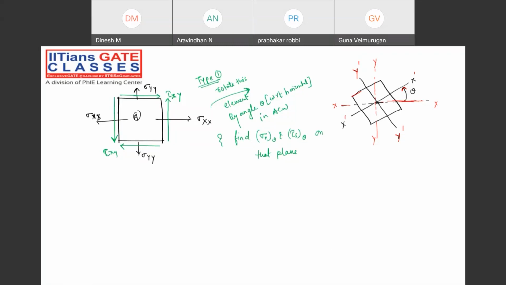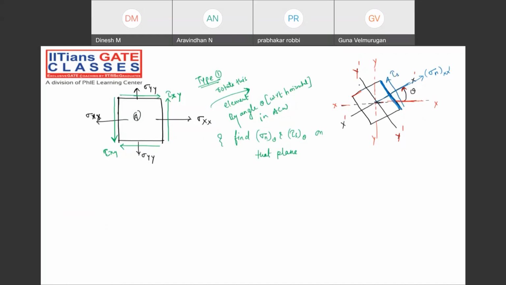My dear friend, they are asking you a beautiful problem. On the plane which has been rotated by the angle theta with respect to the horizontal direction, you need to find sigma x dash, and you need to find the tau that is acting.